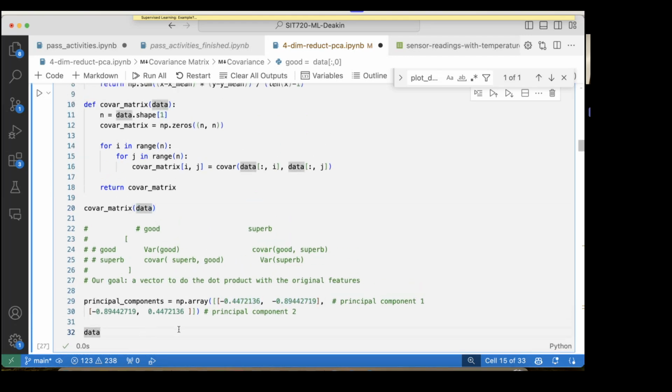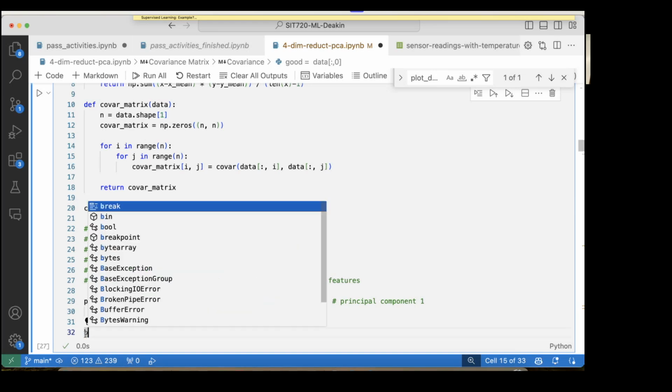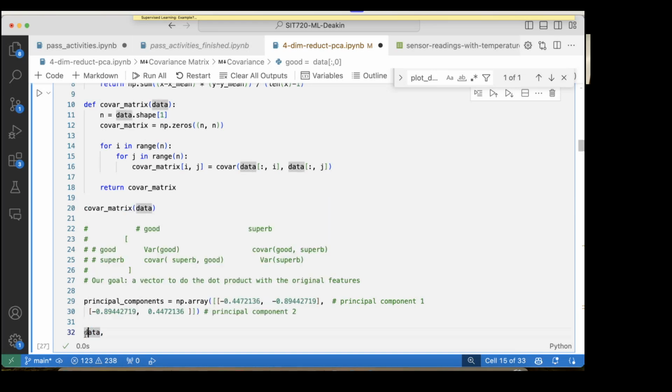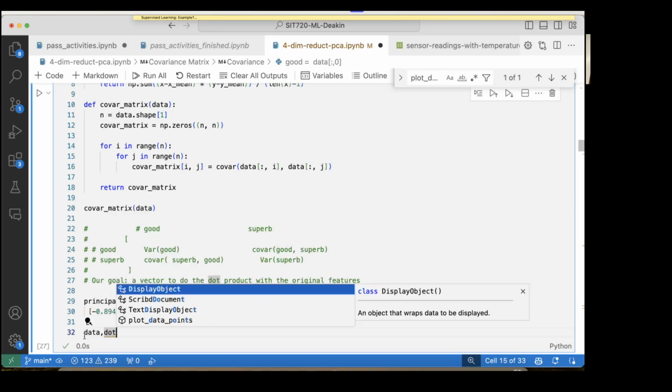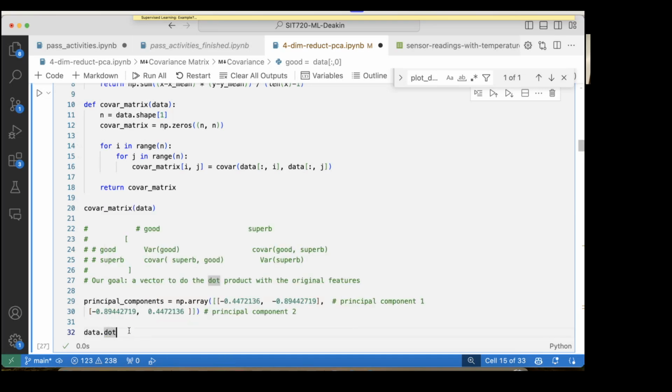Let me only use principal component 1 to do the dot product with it, using np.dot.